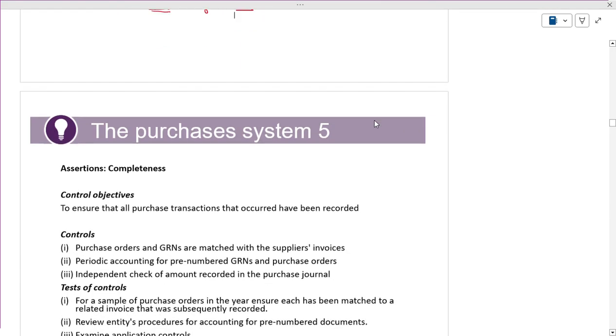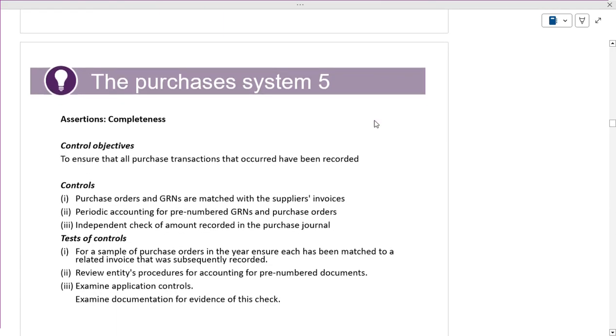Fine. Now, completeness. Okay, we have done purchases. It has to be complete. We have done purchases, and they have to be recorded. Whatever is ensured, all purchases have to be recorded in the book of original entry, in the general journal. Okay, meaning they have done the double entry or not.